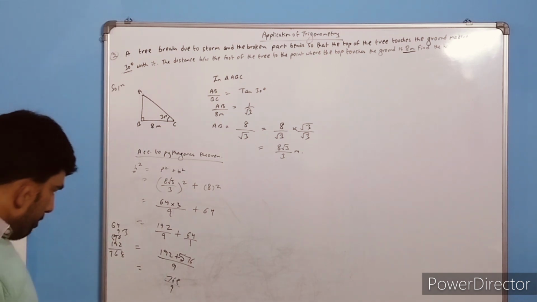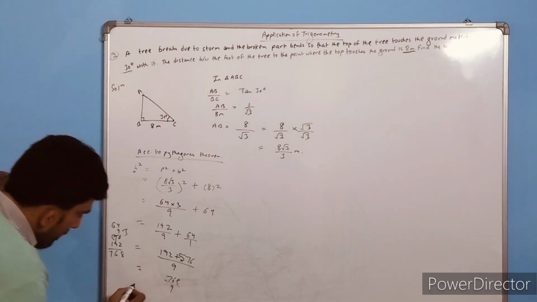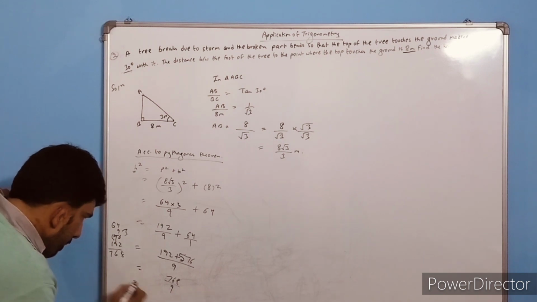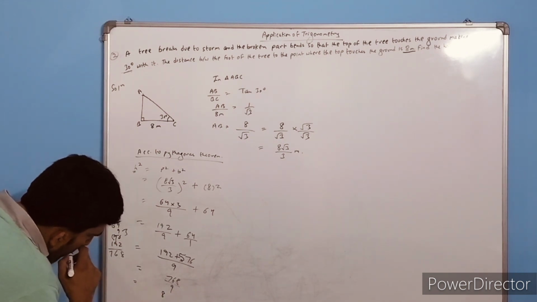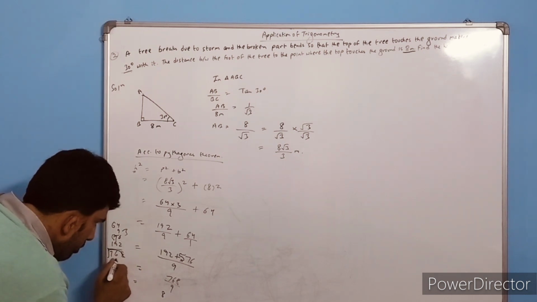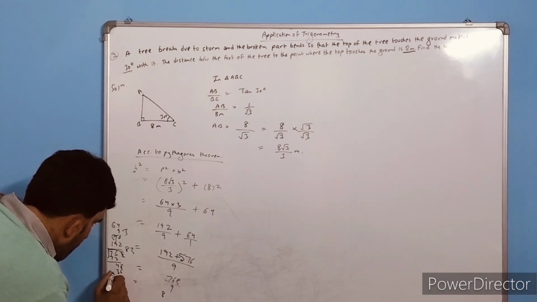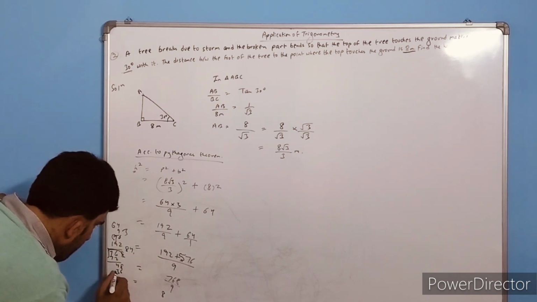Now see. If I divide 768 by 9, what will I get? Let us see whether this number will be divided by 9 or not. If I divide this by 9, what? 52 left with 48, 6, 36.